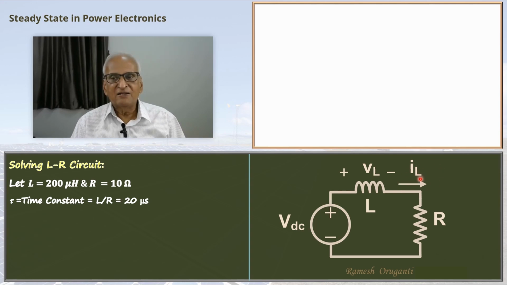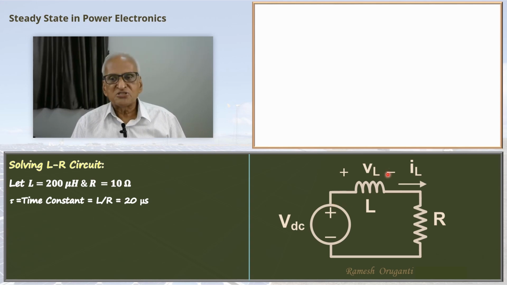The current IL, which is the inductor current and the loop current. We do this by applying Kirchhoff's voltage law to this circuit. So the voltage across the inductor, the voltage across the resistance, the voltage across the source, if they are all added together, taking their signs into proper account, it should add up to 0.